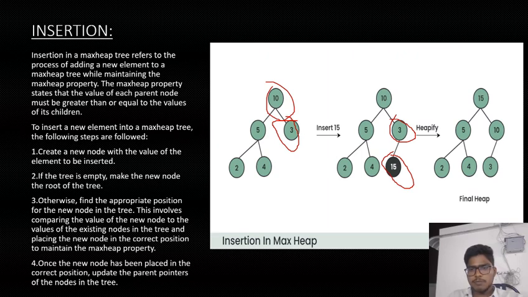But to uphold the max heap tree property, we will swap the values 3 and 15. And as the parent node 10 is smaller than 15, we will update the parent node of the tree to 15. Thus, in this way, we can insert elements into the max heap tree.